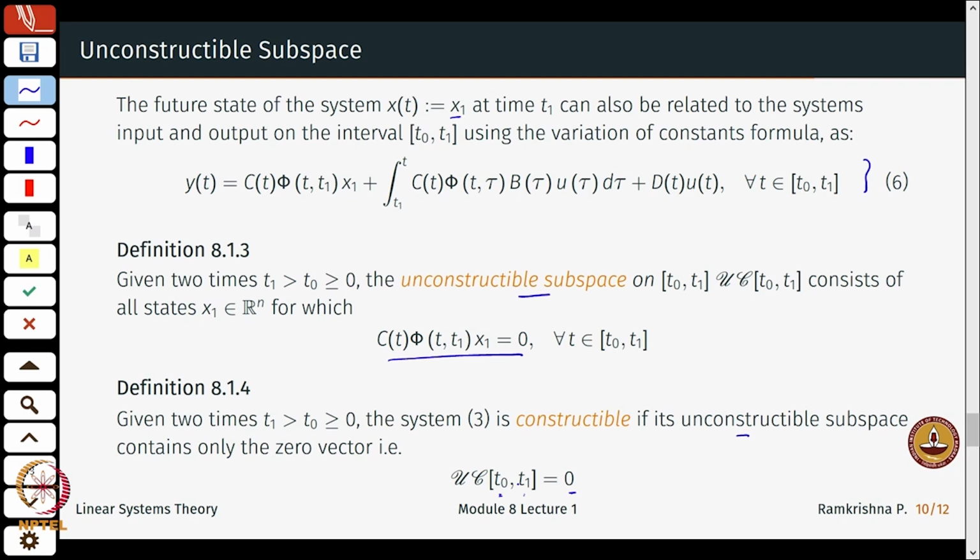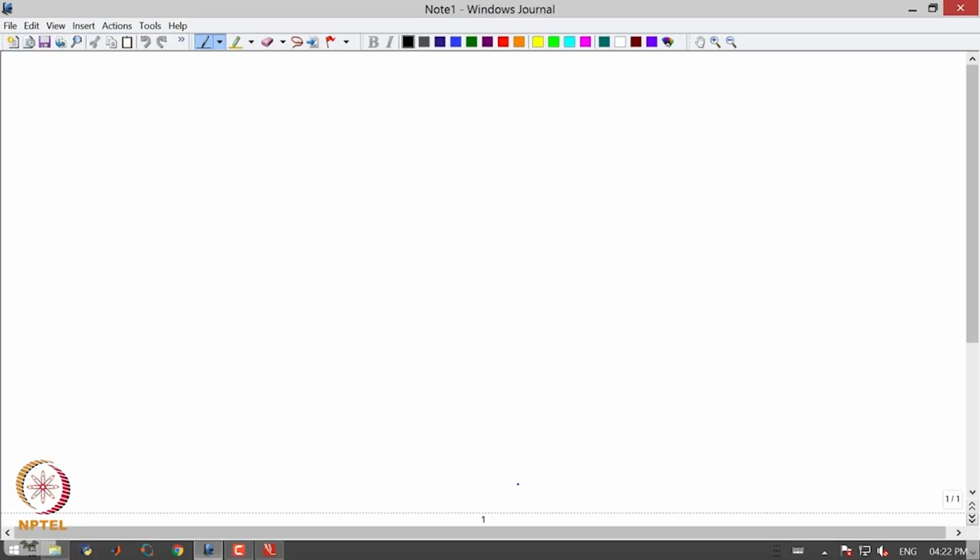So, we will do a very small example before we end for today of what these things actually look like. So, if I have a system, let me call this x1 dot is A1 x1 plus B1 u, and then y is C1 x1.